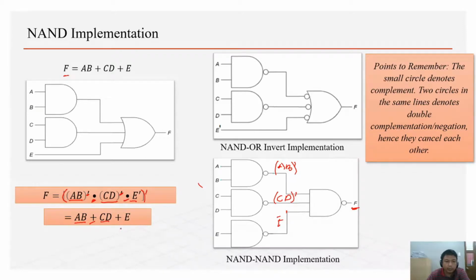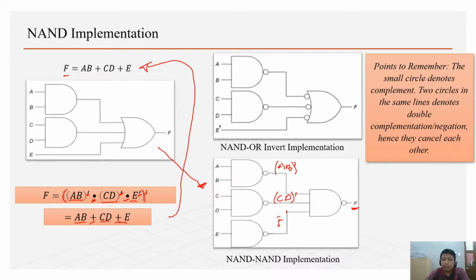The complement of AND is OR, then the prime here will be cancelled by the prime here, so we have E. Now, as you can see, the original diagram can be implemented using purely NAND gate, and the resulting output is still the same with our original function.